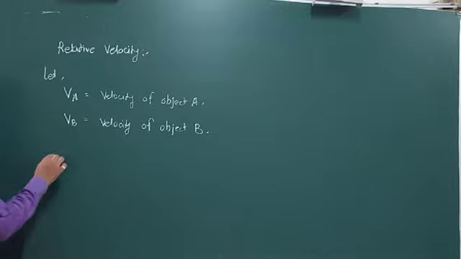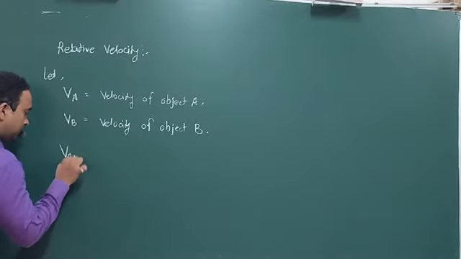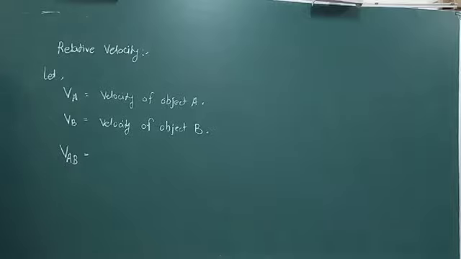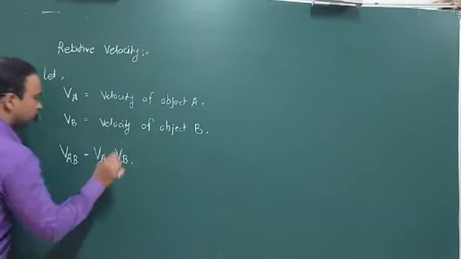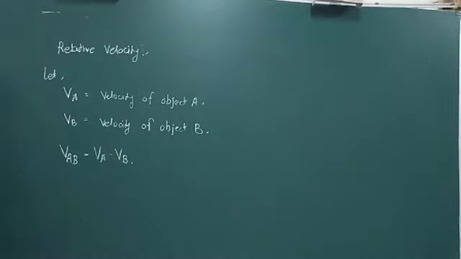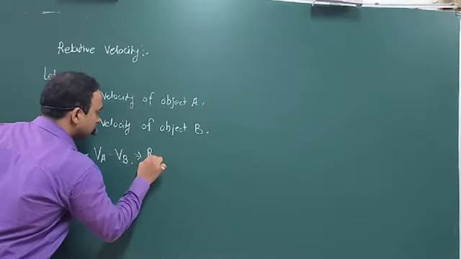So it can be written as VAB, that means the relative velocity of object A with respect to object B. It can be calculated by VA minus VB.